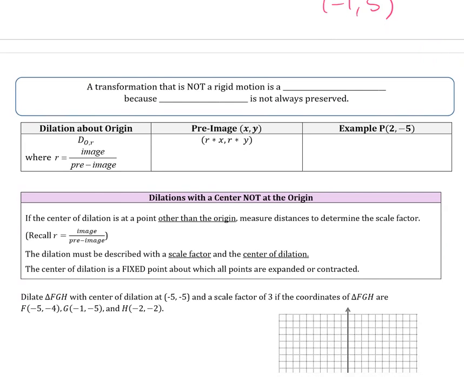Now, a transformation that is not a rigid motion is a dilation, and that's because distance is not always preserved. Okay, angle measure is though, so therefore figures that have been dilated are always similar to their original figure. So make sure you know when you're dilating about the origin, a scale factor can always be figured out, that's an r value, by doing image over pre-image.